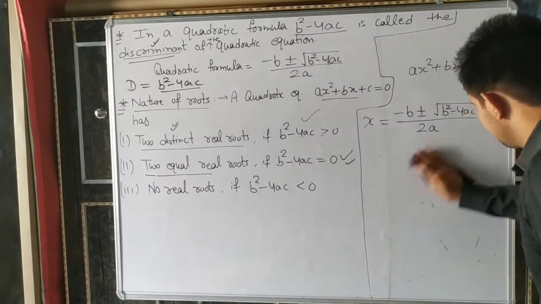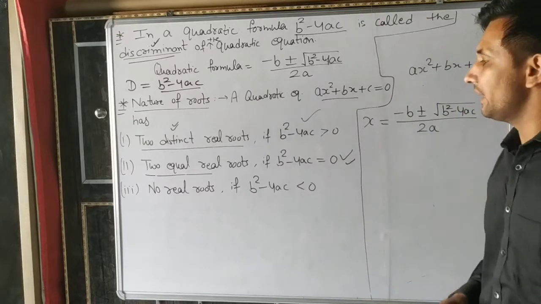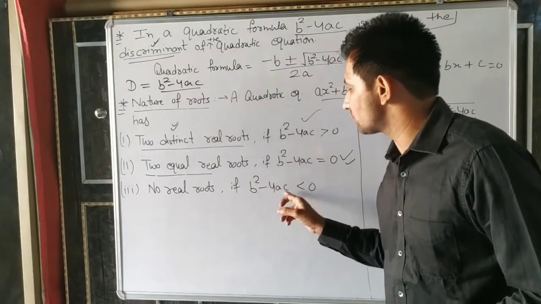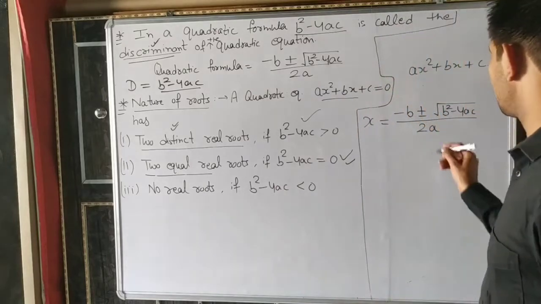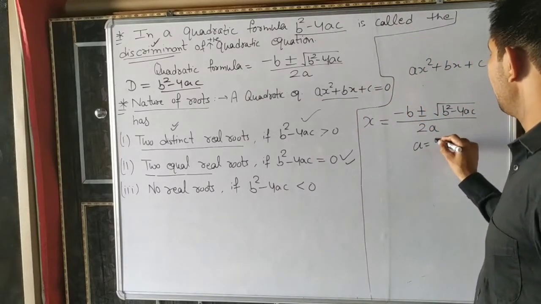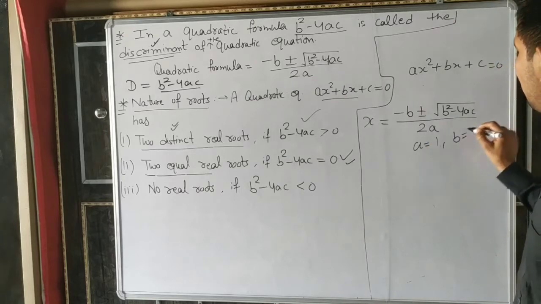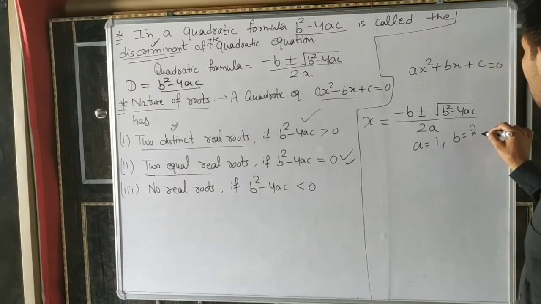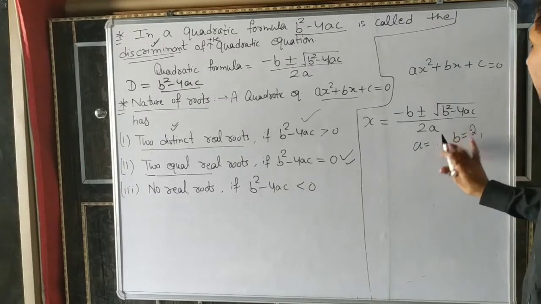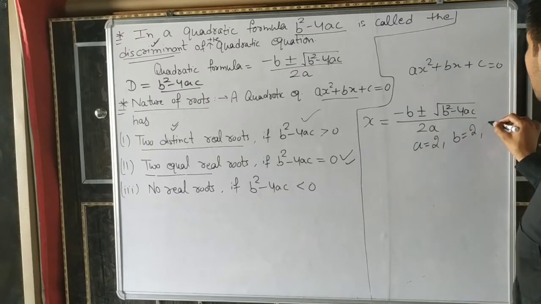Next condition, dear, we will take an example in which b square minus 4ac is less than 0. Suppose a equals 1, b equals 2, and c equals 1.